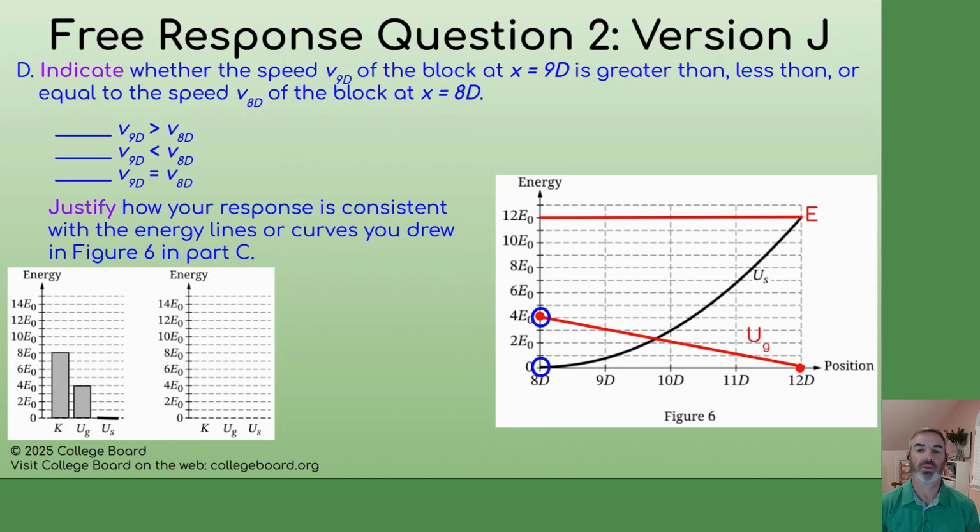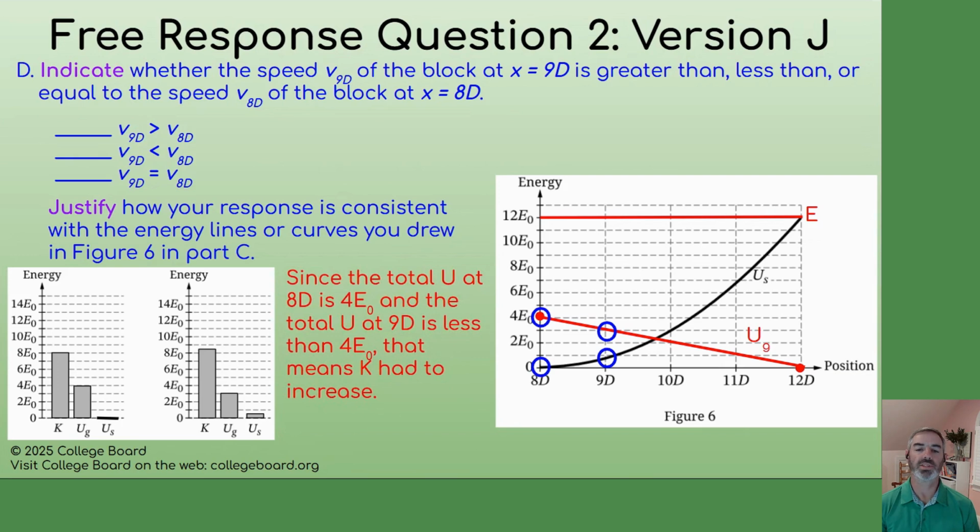Then if we look at position of 9d, you can see that the gravitational energy is at 3 E naught. The spring energy is just a little bit below 1, which means that the kinetic energy has a slight increase to be just a little bit bigger than 8 E naught. So what that tells us is that there's a little increase in kinetic energy.